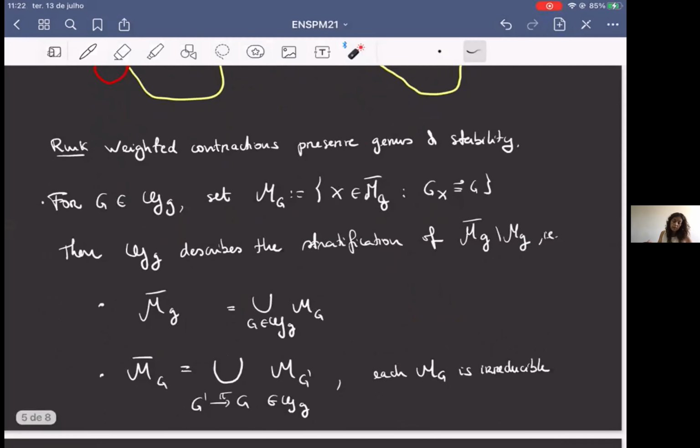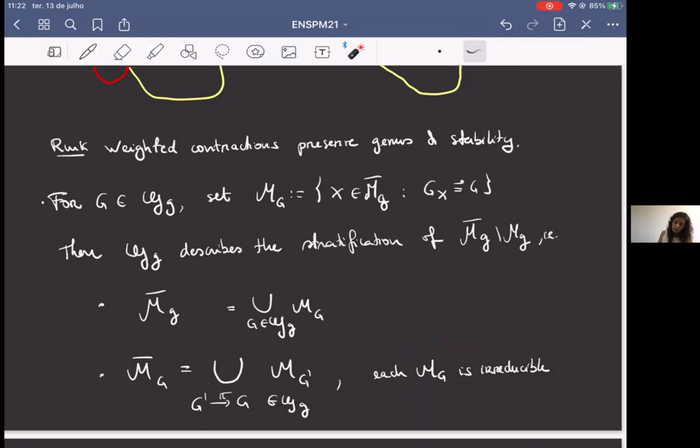And then the theorem is that you can use this category to describe the stratification of the boundary of M_g bar. What I mean with this is that the whole M_g bar naturally is going to be the union of all these loci, the loci of curves with a specified dual graph. This is trivial. But the important thing is that each of these loci is irreducible, and this is a hard geometric consideration.